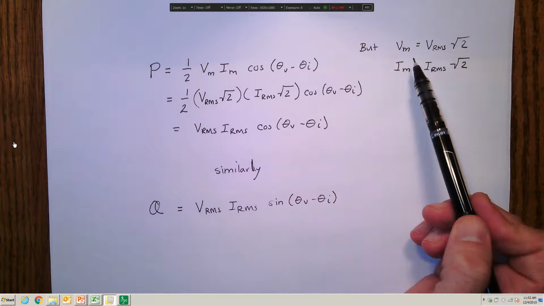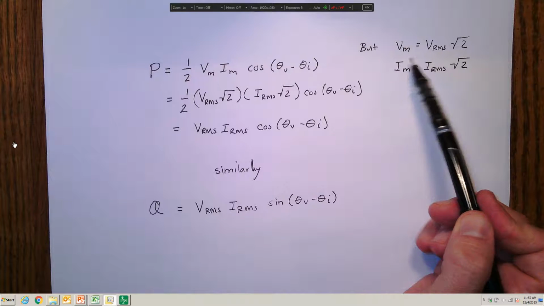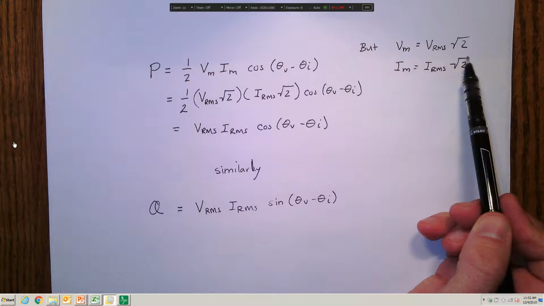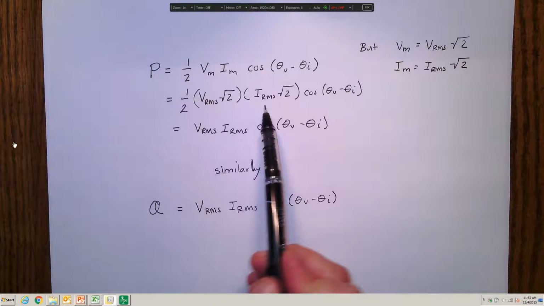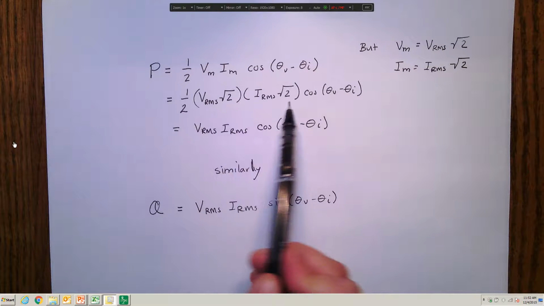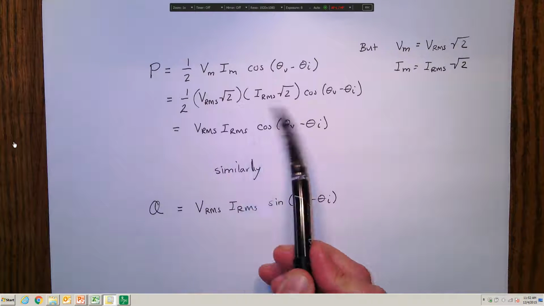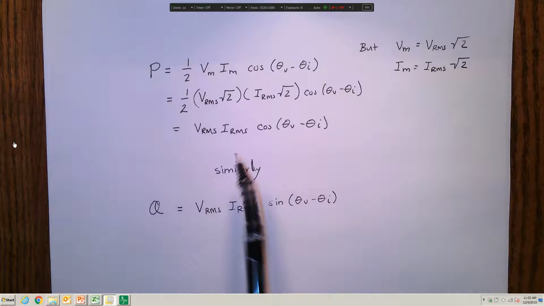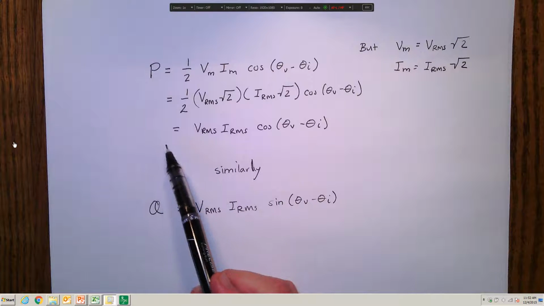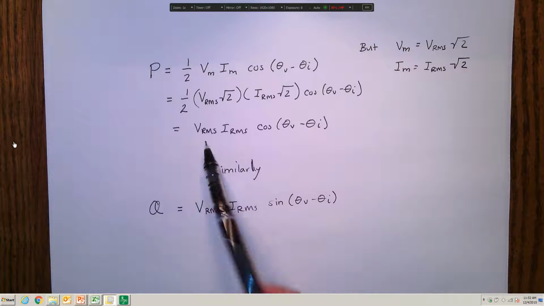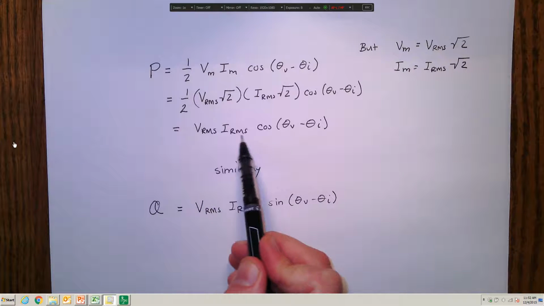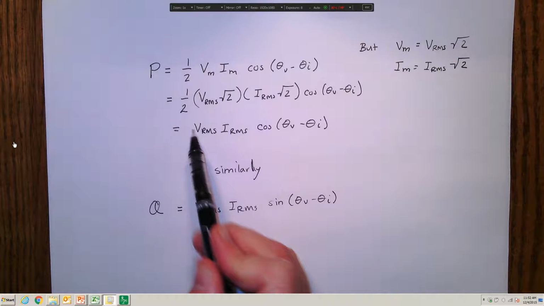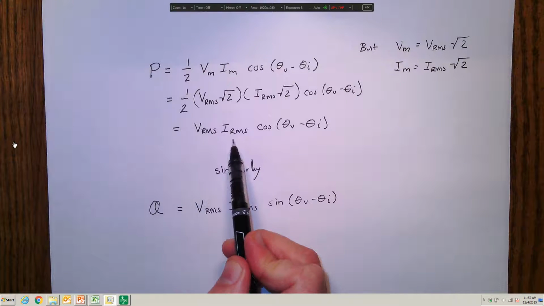From the previous video, the RMS value is related to the peak value by the square root of 2. If I substitute those in, the 2 square root of 2 terms turn into a value of 2, which cancels this 1/2, leaving me with the following relationship: the real power term, P, is computed just as the product of the RMS voltage and the RMS current.